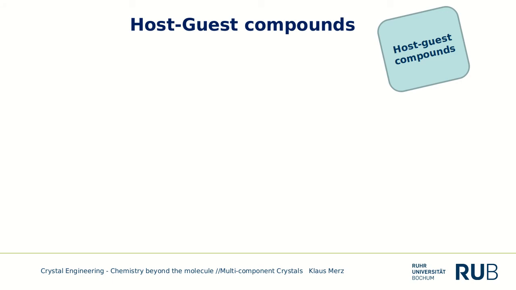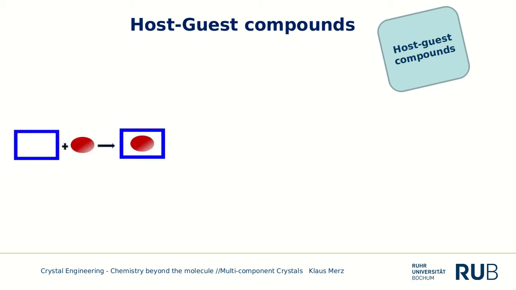Okay, look at the first class, host gas compounds. Well, from molecular organic chemistry, we knew some things, a single molecule which has a cavity, very nicely. You can use this cavity to incorporate any gas.